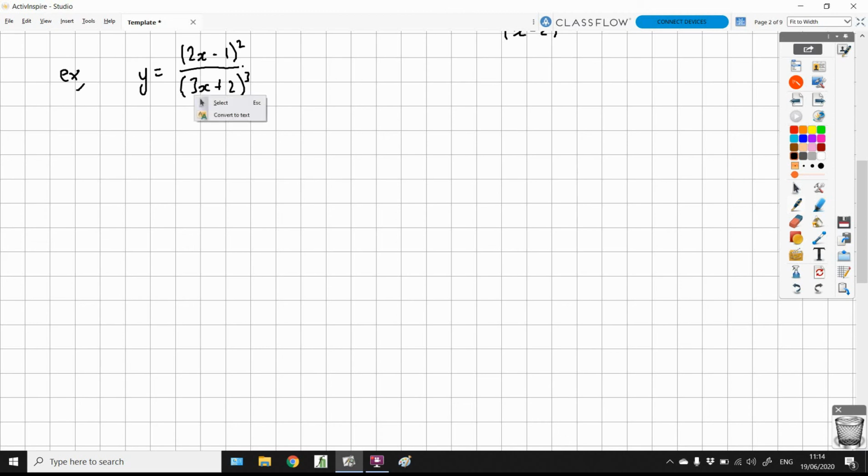And again, we're being asked to differentiate this. u equals 2x minus 1 all squared, v equals 3x plus 2 all cubed.